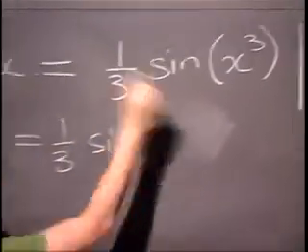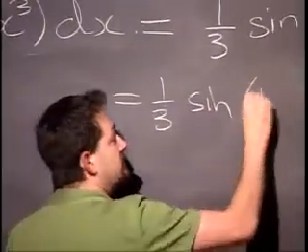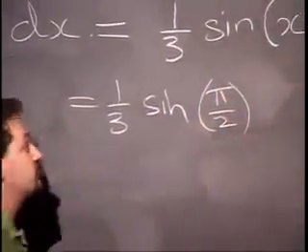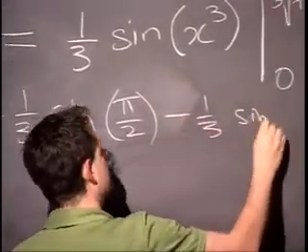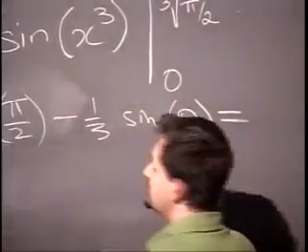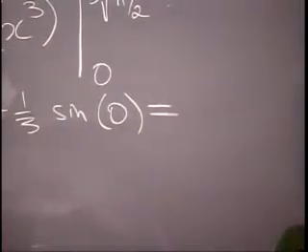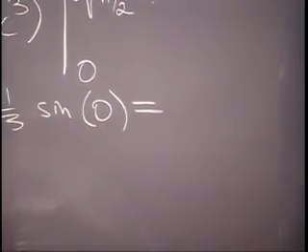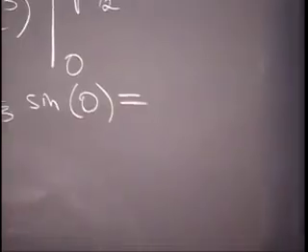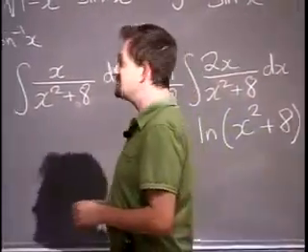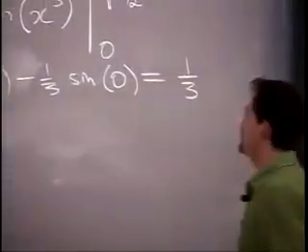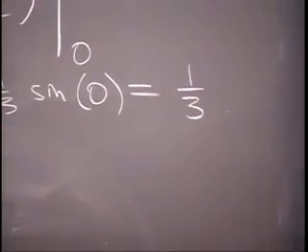So, of course, the cube root of pi over 2 all cubed is just pi over 2. And sine of pi over 2 is 1. Good, yes. You still have to know your trig, I'm afraid. This was true for Math 103, and it's probably even more true for Math 104. So there you go. The answer is 1/3, since sine of 0 is 0.